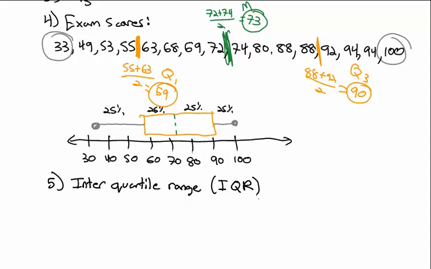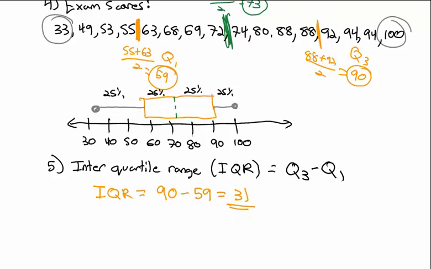What is the range of that middle 50%? Basically, we take Q3 and subtract Q1. So in our case, the interquartile range, Q3 is 90, minus Q1 is 59. That's going to equal 31. And so we will say that the interquartile range is 31.